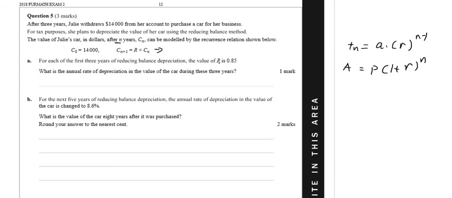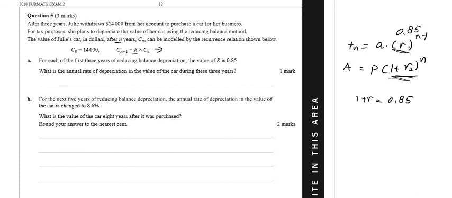For the first 3 years, the R is equal to 0.85. And we know that they are equivalent in the equation, so I know that my 1 plus R is equal to 0.85.